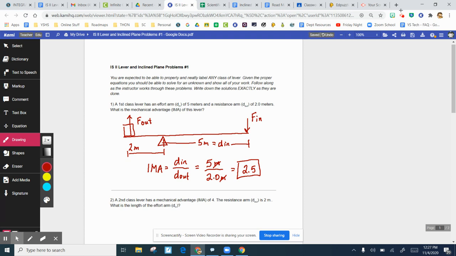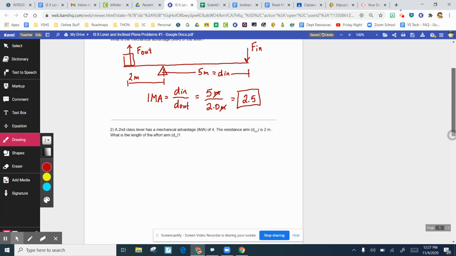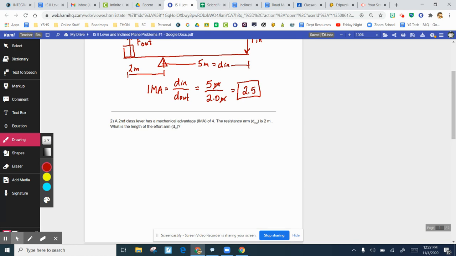All right, second problem. It says you have a second class lever. Remember, a second class lever is much like a wheelbarrow. So I'm going to go ahead and put a fulcrum with a long lever arm. It tells me the resistance arm is 2 meters. Remember, my load is going to be somewhere in here.